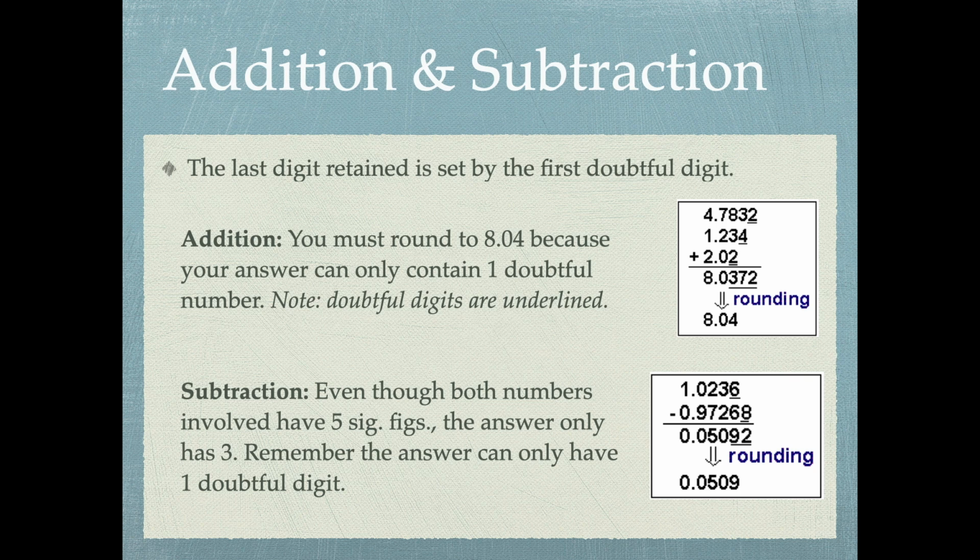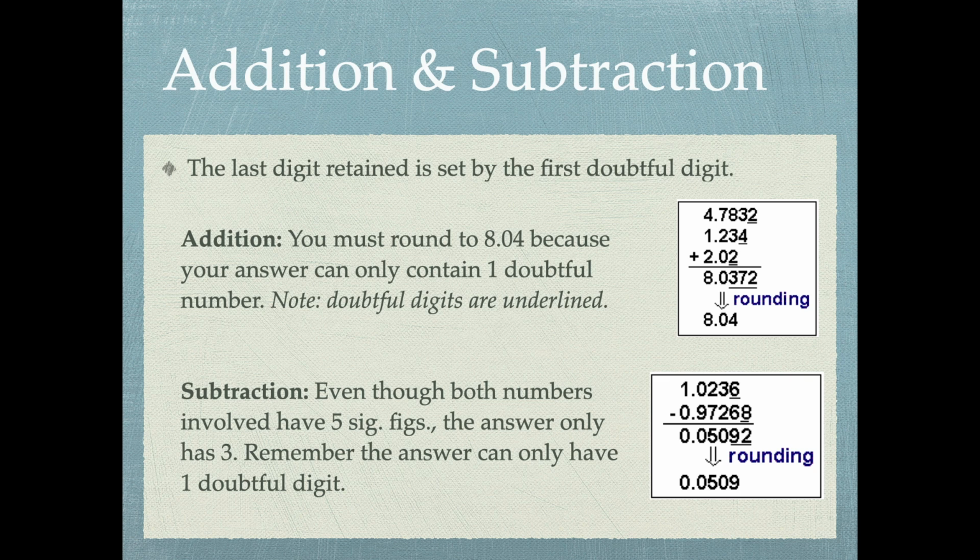Okay, looking at the problem there, you've got to round that problem to 8.04 because your answer can only contain one doubtful number. Okay, we've underlined the doubtful digits here. By doubtful, I mean the digit that they estimated when they made their measurement. So these are 3 measurement numbers here.